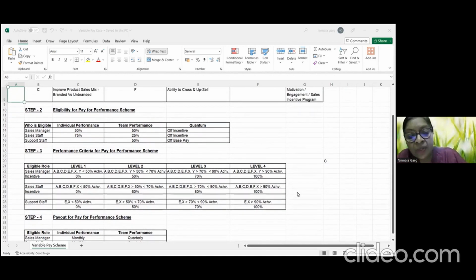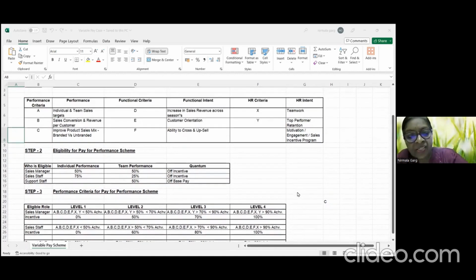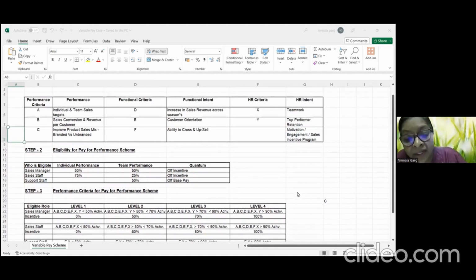Then when you're writing criteria, stick to only 3 levels of targets. Okay. And create that target, only 3 levels. Then in step 2, for your eligible people, what percentage of variable pay are you keeping? Because you can't have a higher percentage of pay for a warehouse guy, or, for example, a watchman or a housekeeper.